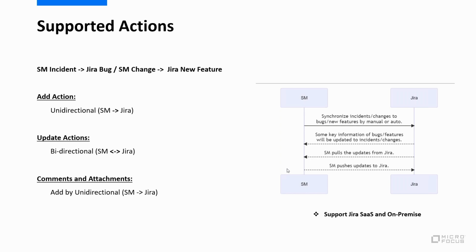Of course, Service Manager will also push the updates made on Service Manager records, like incidents or changes. The updates on those records will be pushed to Jira if the field mappings match each other.